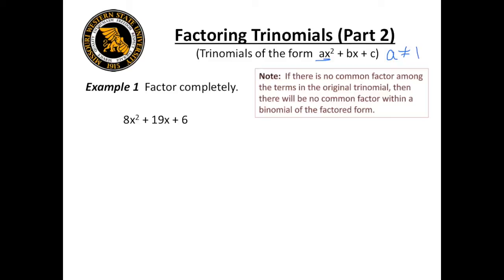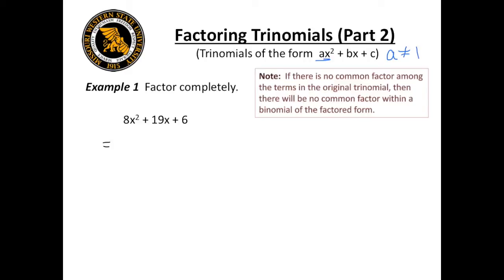First, note that there is no common factor among the three terms in the original trinomial. There is no numerical value that we could divide out of each of those terms. Furthermore, the third term doesn't have an x.